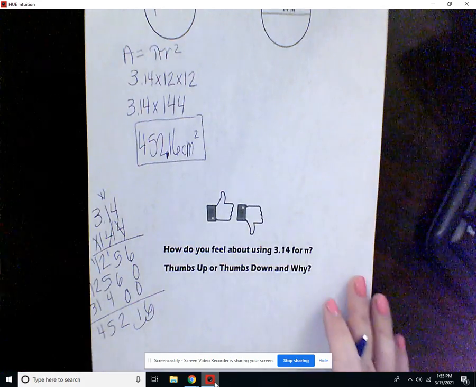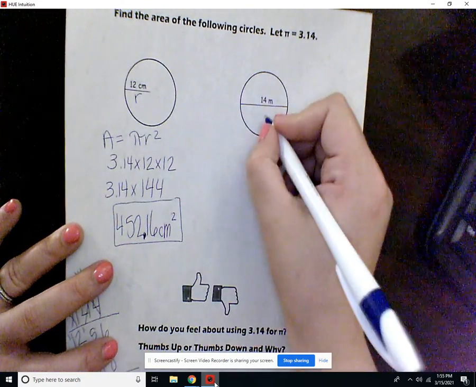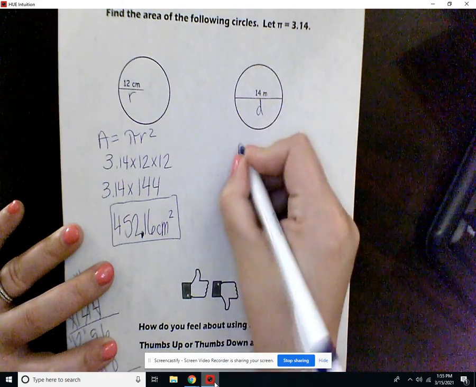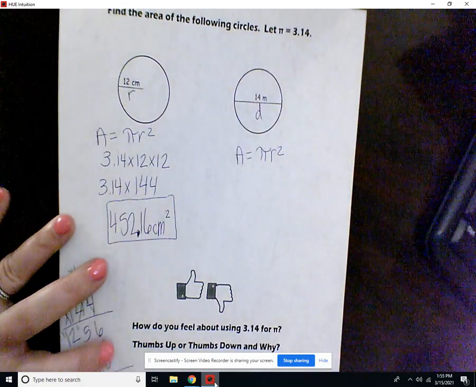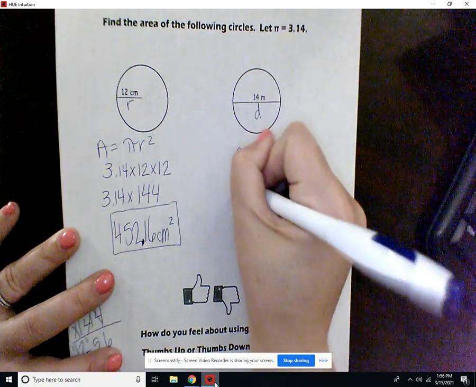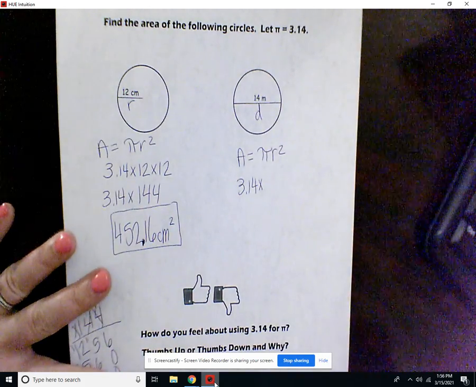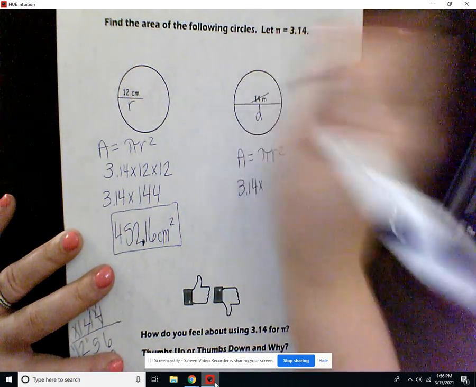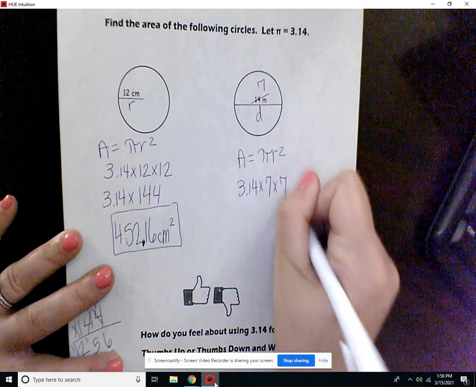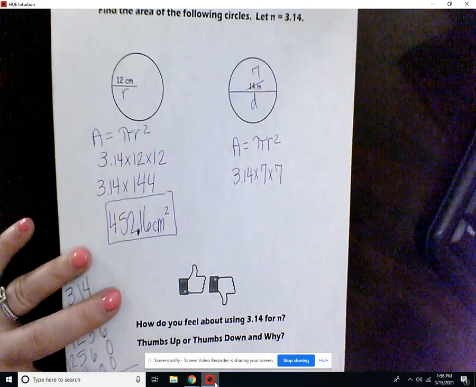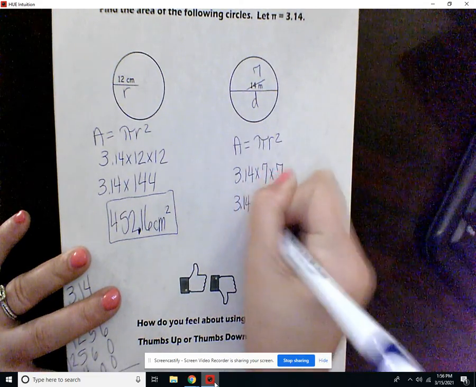Okay, so let's look at this one. We have 14 meters. Again, that's a diameter, so we're going to have to change it to a radius. We've got 3.14. Remember, to go from a diameter to a radius, we cut in half. Half of 14 is 7. We're going to write down 7 two times. Again, multiply the whole numbers first. 7 times 7 is 49.